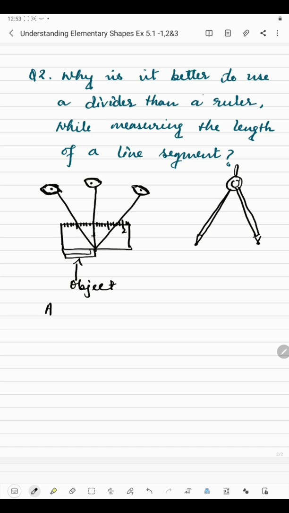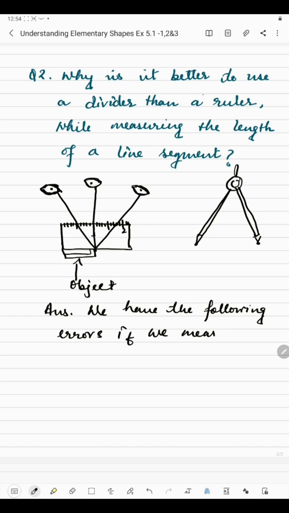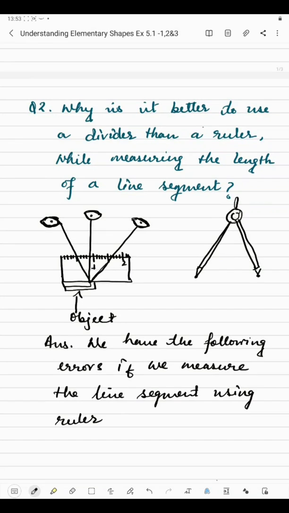Okay, so we'll write, we have the following errors if we measure the line segment using a ruler.